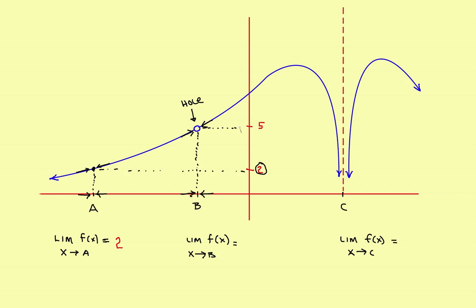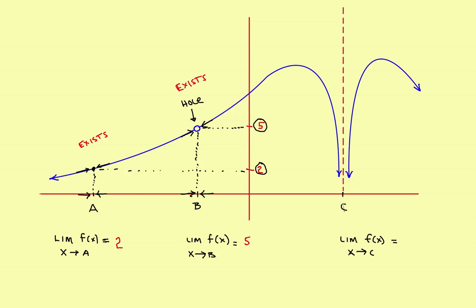Well, in this case, they are approaching 5. So the limit exists, and it is 5. The limit of f of x as x approaches b would be 5. If you have a hole, the limit exists. So if the function is continuous, or if you have a hole, the limit exists.